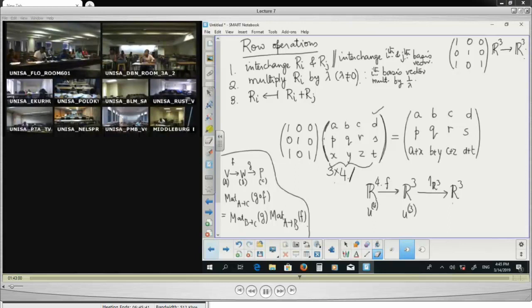You see, it is telling me that 1 times A plus 1 times C is equal to E1, right? So that means A is E1 minus E3, right?